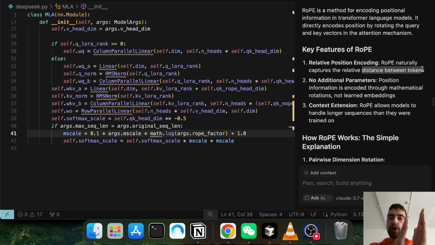So the order of tokens is important, and also the distance, because if something appeared 100 pages before some word, in most cases it's not relevant or very little relevant to the current word. But the words around the current word are usually a lot more relevant. So rope will encode the distance between the words.